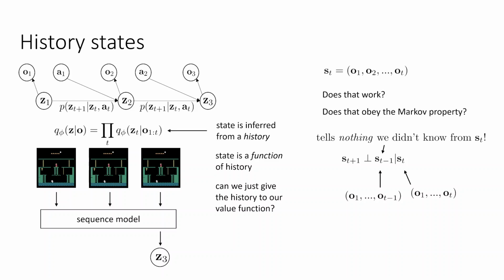And that's basically the argument for why history states do obey the Markov property, meaning that the sequence of observations up to time t d-separates the sequence of observations up to time t+1 from the sequence of observations up to time t-1. Because the sequence up to t-1 is contained inside the sequence up to t, which means that if we apply Q-learning on these history states, meaning that our Q function is a function of all the observations o_1 through o_t, this actually will work.